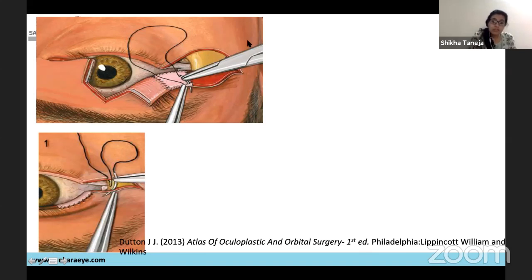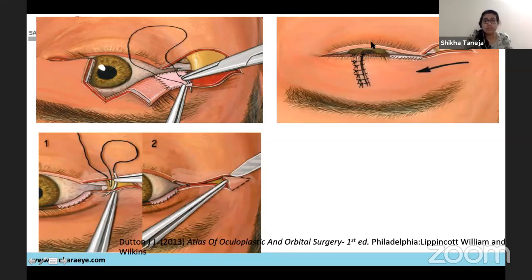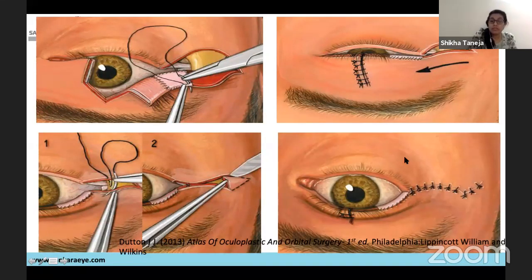And then further go ahead with direct repair. Slide it down, do the direct repair, and do a repair over here in the end. This is how it looks. This is how we do a Tenzel's flap. Basically, it is a combination of direct repair and cantholysis, and we create a flap around the lateral canthus.